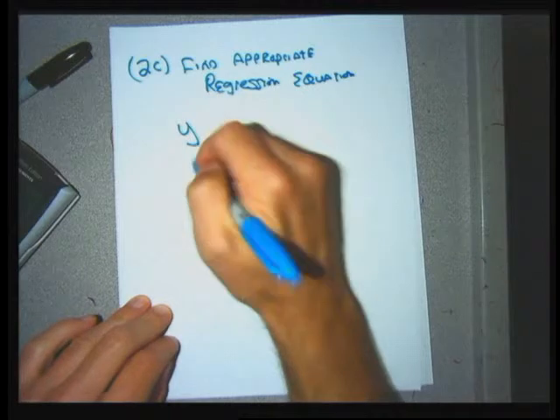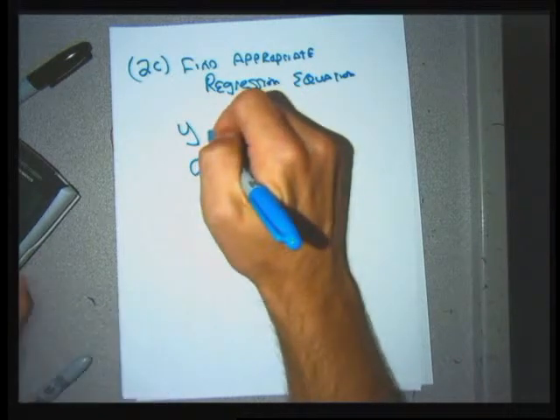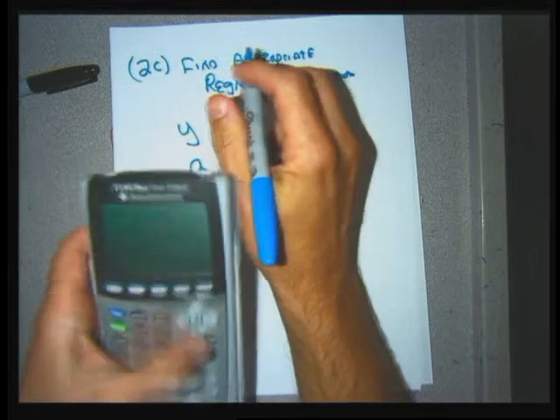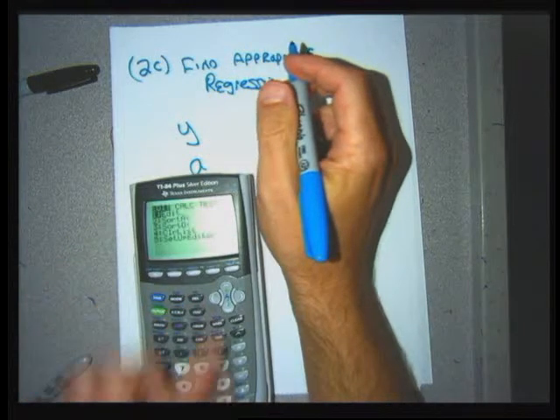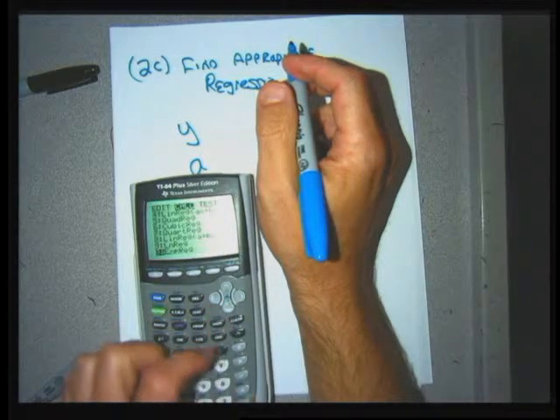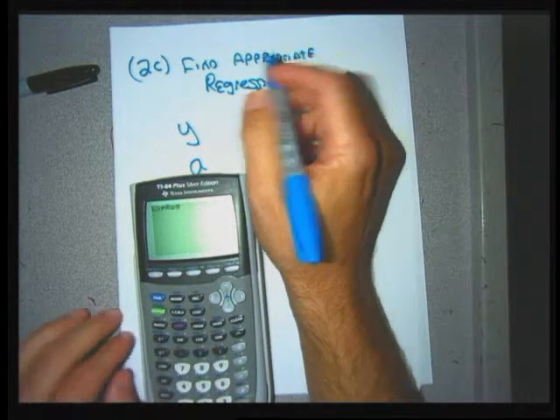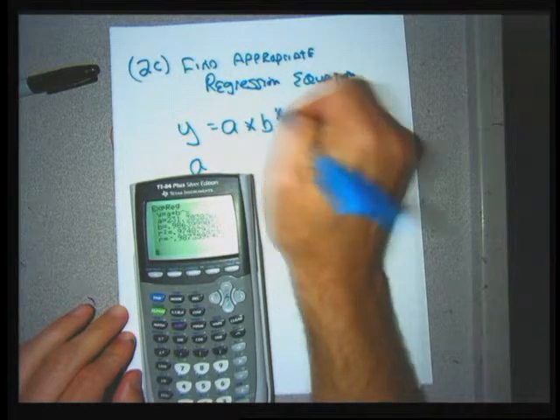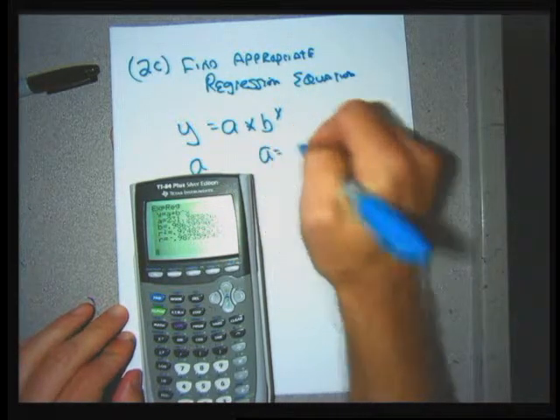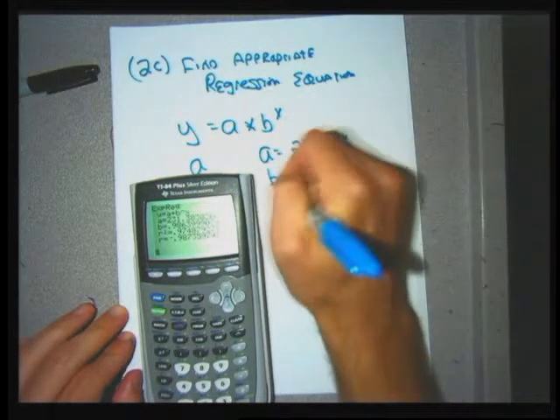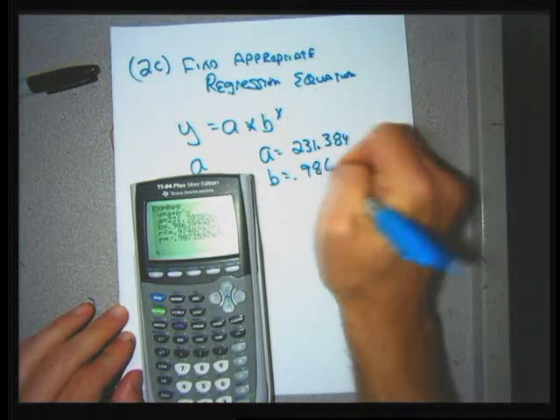When I do it on my calculator, it says stat calc exponential regression, enter, enter. It says y equals a times b to the x, and then specifically it says a equals 231.384 and b equals 0.986.